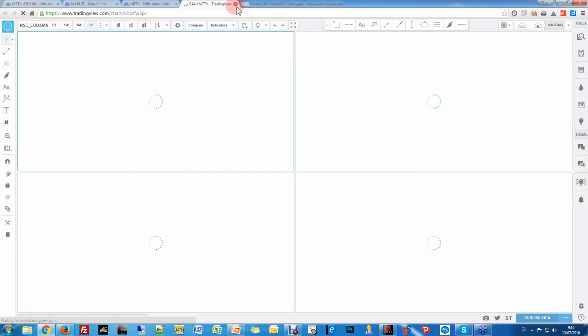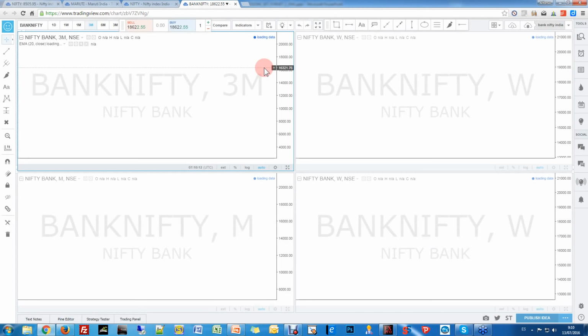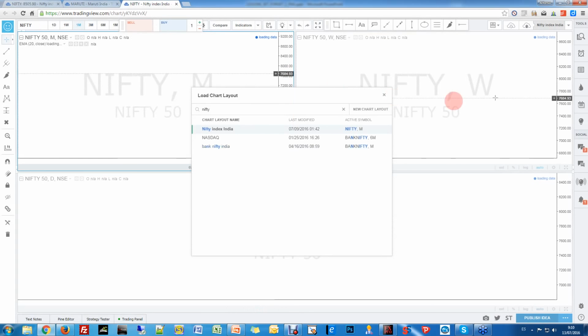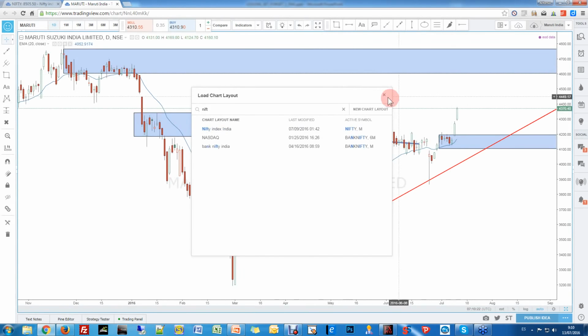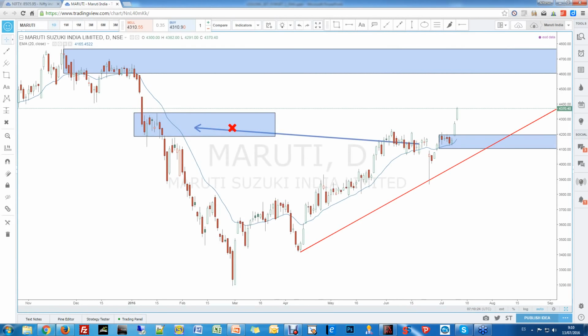Oops, sorry. Bank Nifty. Maybe the problem is with the Nifty indexes. Yep, looks like there is a problem. So no problem. We have enough stocks to look at. So that was a suggestion before.